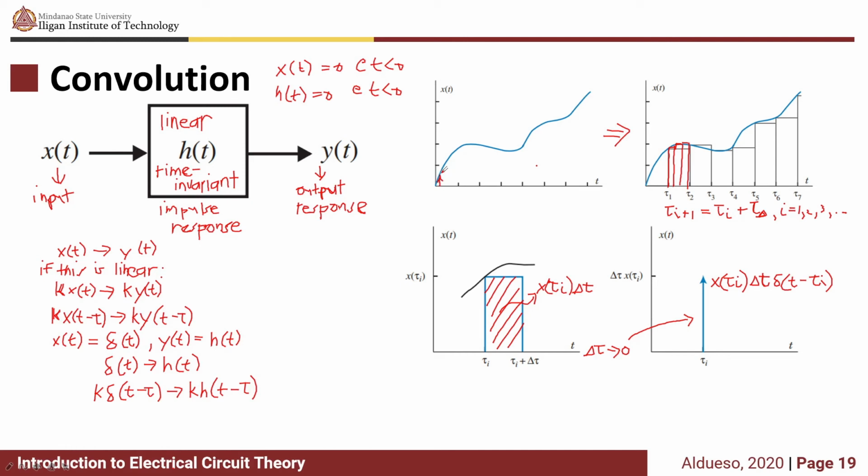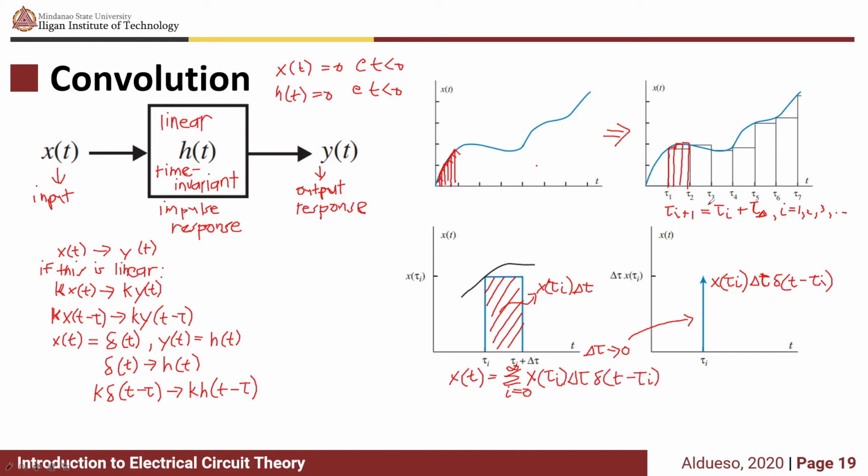So the waveform x of t can be expressed as the summation of all the impulses under this waveform, tau i.